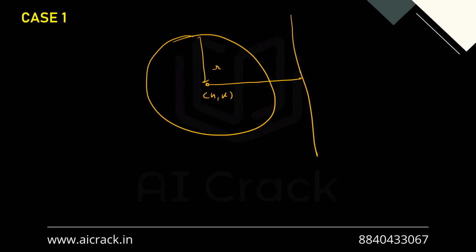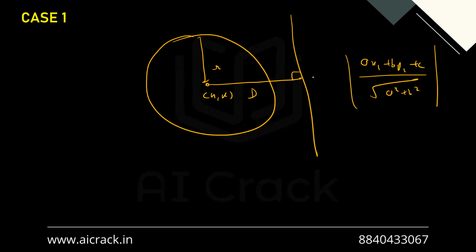This perpendicular distance is d, and we already know how to find the perpendicular distance from a point to a line with the help of the formula modulus of ax1 plus by1 plus c divided by under root a square plus b square. If this value comes out greater than r, that means d is greater than r, so this line is not touching and not even intersecting the circle. Okay, so that's our first case.